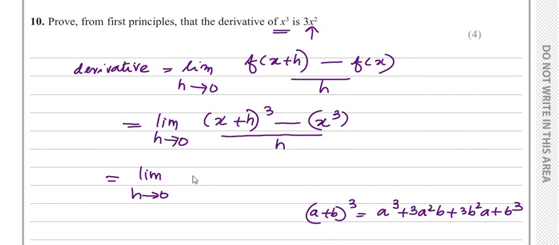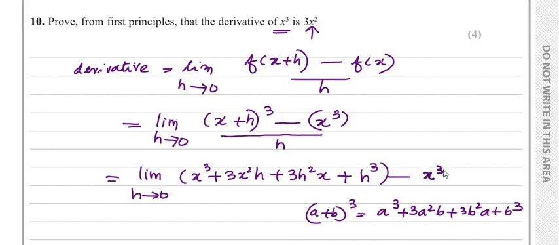So we can write this is x cubed plus 3x square h plus 3h square x plus the last term is h cubed, minus x cubed. There's no change for that. And then denominator is h.